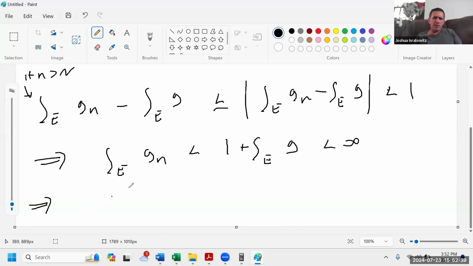That implies, because each g_n is non-negative and integrable, that this is finite almost everywhere.